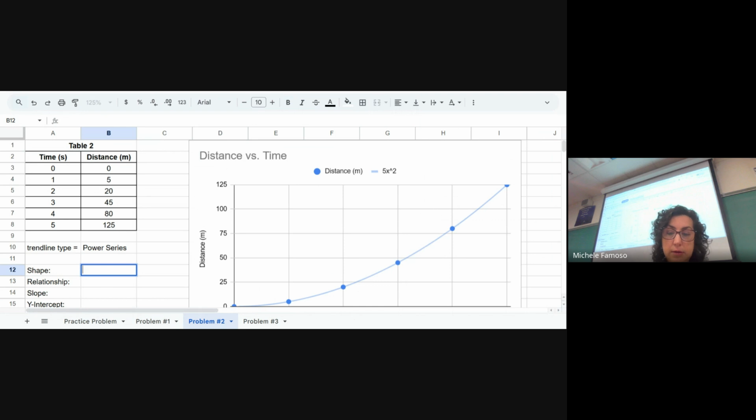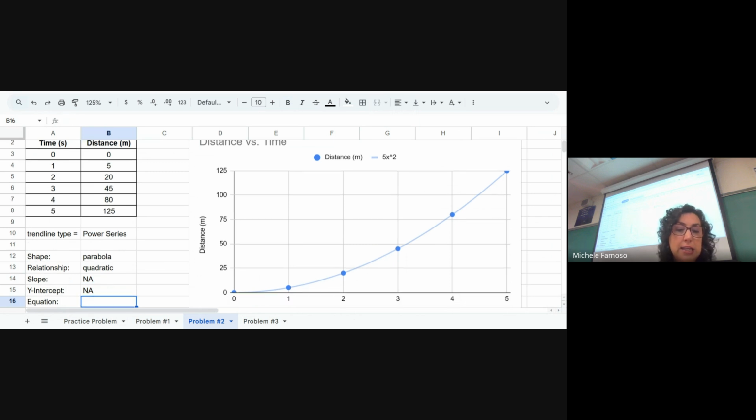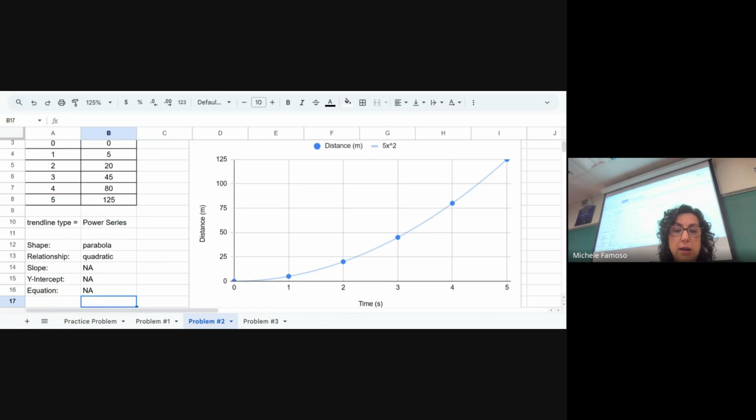Parabola. What is the relationship on this graph? Yes, it is quadratic. Is there a slope to worry about? No, so NA. Is there a y-intercept to worry about? No, NA. Is there an equation to write? No, NA. Done.